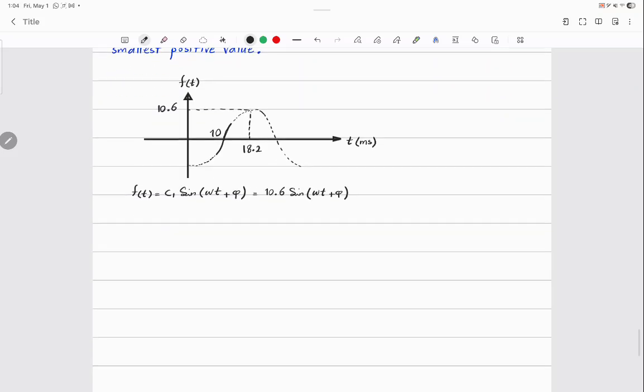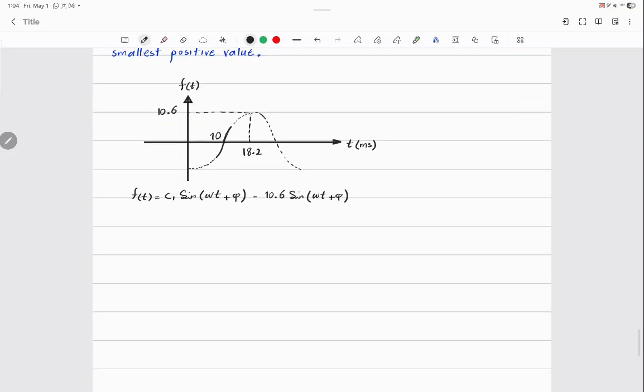Okay, what is the next parameter that we need to find? Omega. So is there any information on the plot that gives us any hint on omega? Can you tell me what is this interval? T over 4.